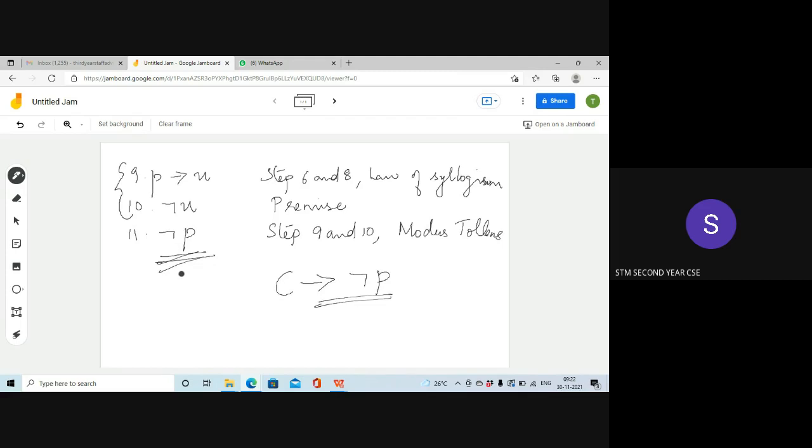That is, P implies Q and R implies S and T or not S and not P or U and not U implies not P. So that is a valid argument. When we take the conjunction of all the premises, you will get the conclusion not P. So that is a valid argument.